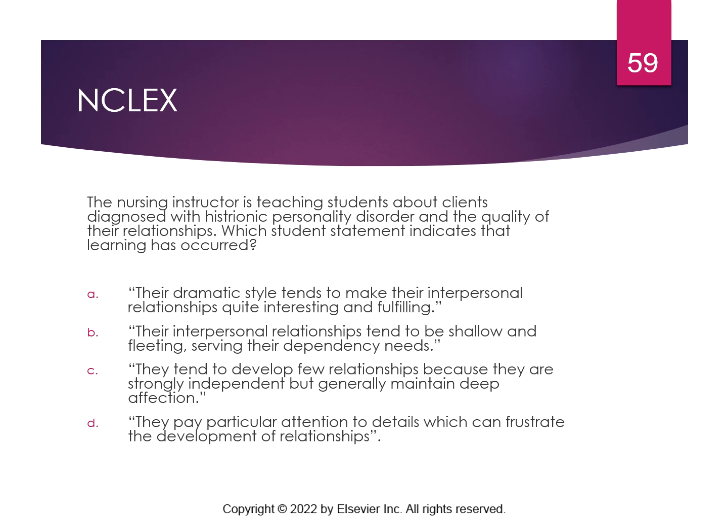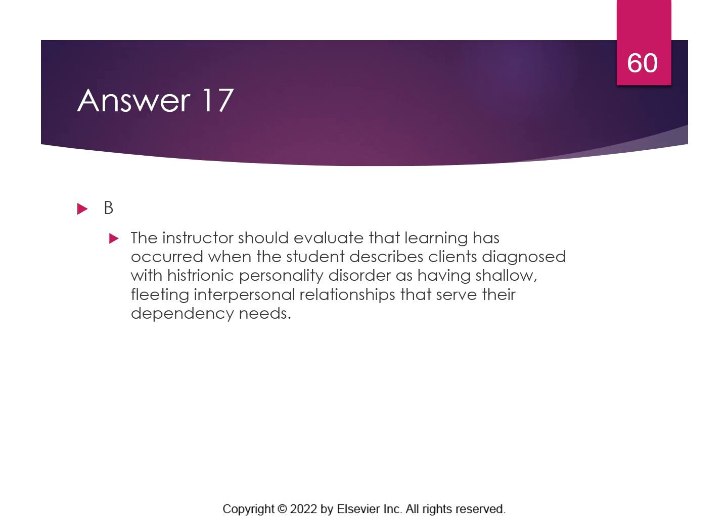C, they tend to develop few relationships because they are strongly independent but generally maintain deep affection. D, they pay particular attention to details, which can frustrate the development of relationships. Okay, so the answer is B. The instructor should evaluate that learning has occurred when the student describes clients diagnosed with histrionic personality disorder as having shallow, fleeting, interpersonal relationships that serve their dependency needs.